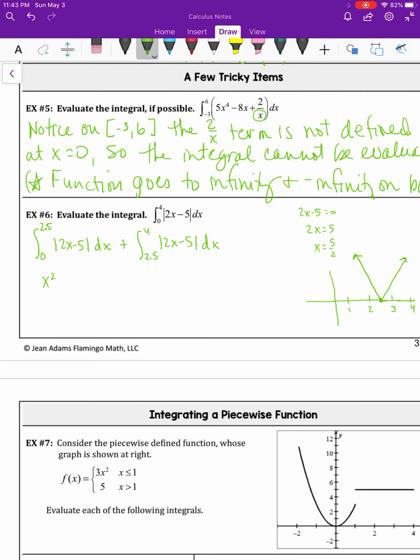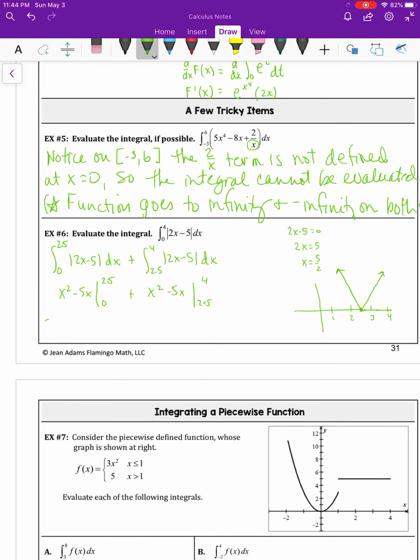It has a break there. So when you are integrating here, you would get x squared minus 5x from 0 to 2.5 plus x squared minus 5x from 2.5 to 4.